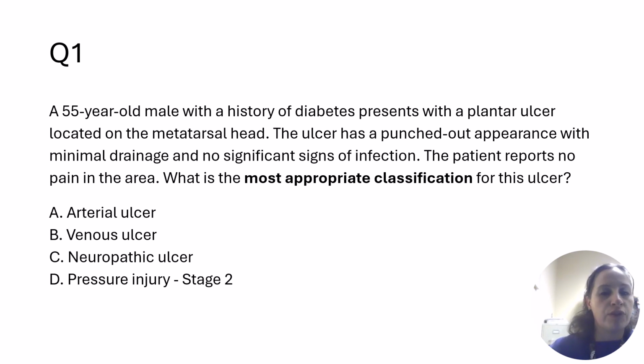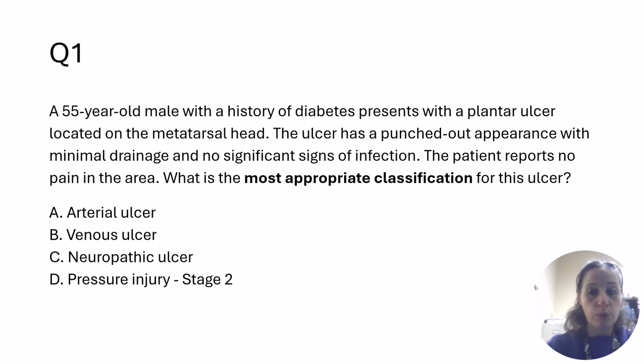And then if we think of the part where they can be overweight and have issues with their nutrition, then we always go towards arterial or neuropathic, right? They both look very similar in terms of the punched out appearance, in terms of the dry skin, in terms of the lack of circulation.